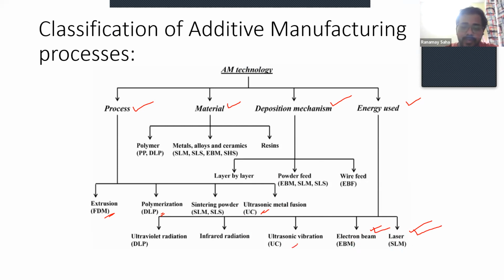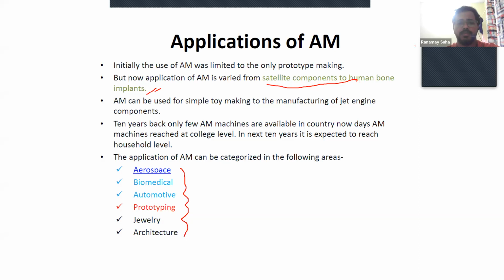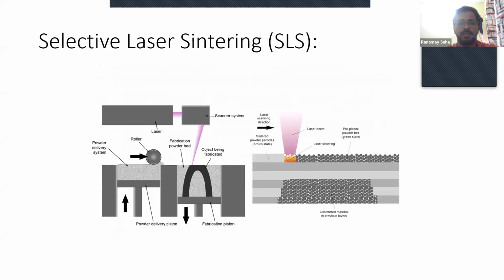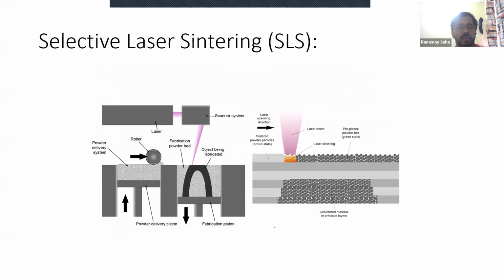We may have ultrasonic vibration based technology. We may have infrared radiation based technology. We may have ultraviolet radiation based technology as in DLP processing. So after that, we will discuss 2 to 3 types of AM technologies in detail, right?